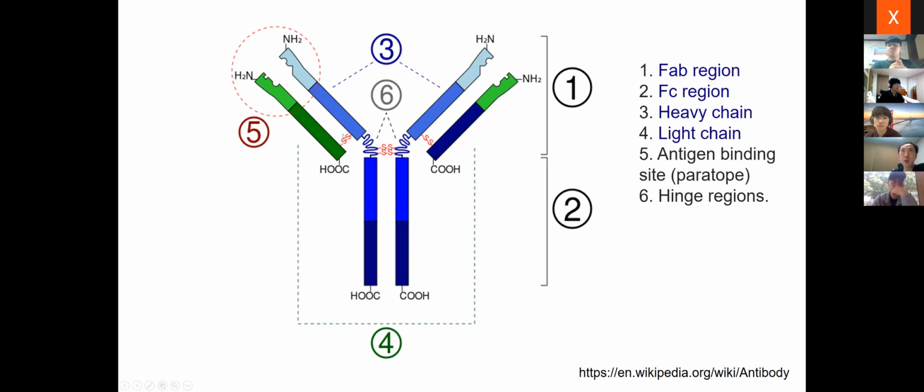The problem is, once you reduce this part, the binding of this heavy chain to this light chain becomes very weak. There's a good chance that these two motifs can dissociate. Anyway, the total number of sulfur sites is 8.